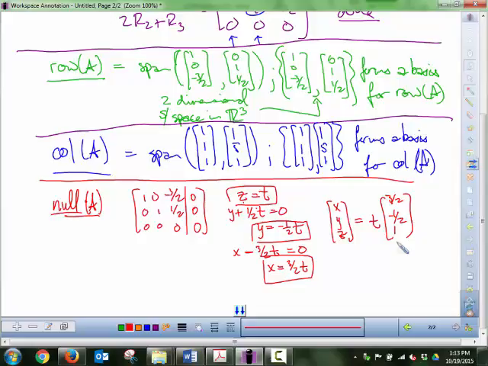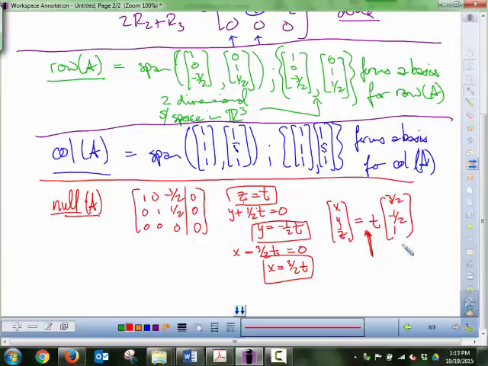So one thing to note when you're doing this, this is exactly what the null space is. The null space are the x, y, and z values that would make this thing equal to 0, and we just found that.